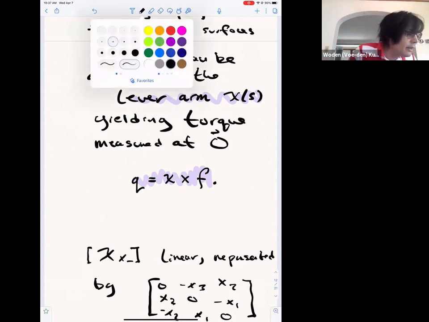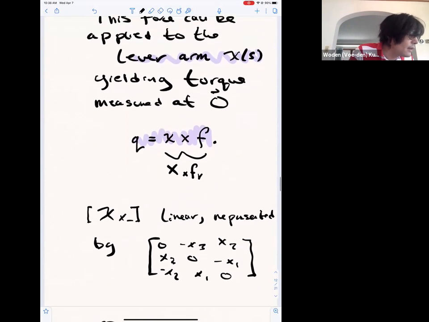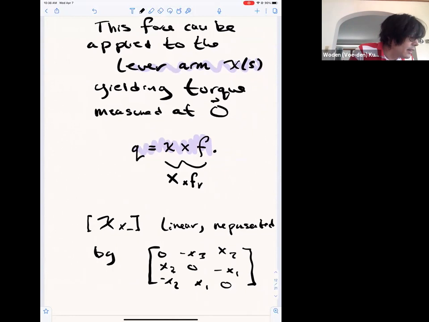So what is this here? We've got a torque measured at a point. This is also an operator. X cross F_V. And this actually has a matrix form. This is a linear function, so it has a representation.